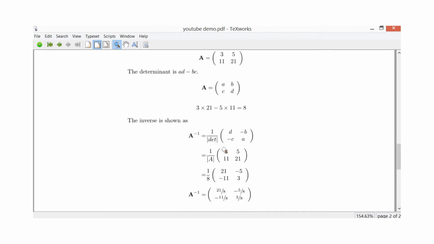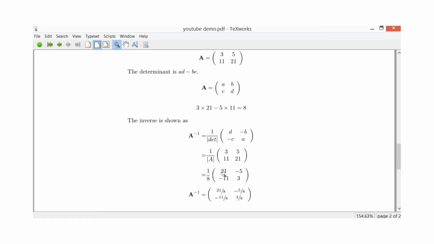Now let's put all the proper variables in there for the inverse. 1 over 8, which is our determinant. The 3 and the 21 have changed places. The 5 and the 11 have changed signs. So now it's basically like a scalar multiple, with 1 over 8 being the scalar, and you multiply that by all the numbers inside the matrix.